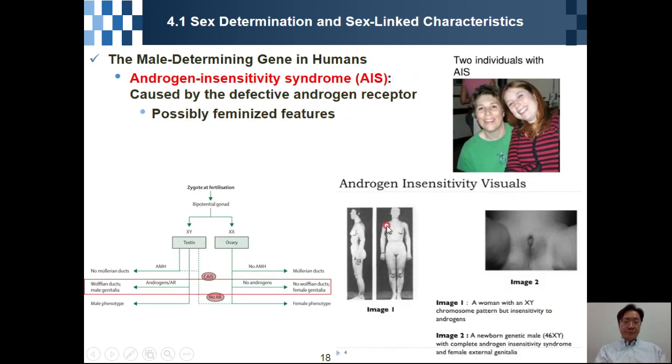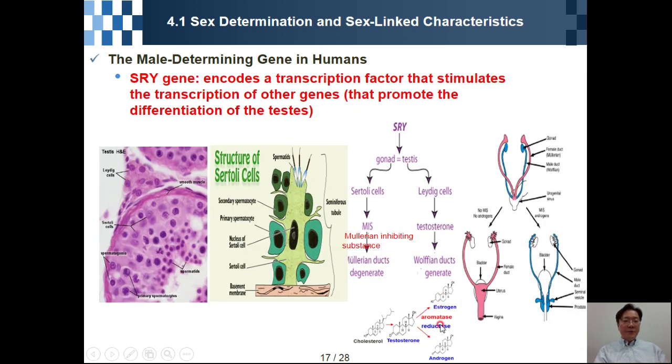But androgen insensitivity syndrome happens in a male who has the XY chromosome. So they have the Y chromosome, but they have a defective androgen receptor. It means that even though androgen can be expressed, this receptor is not working. It means that they cannot make the Wolffian duct.